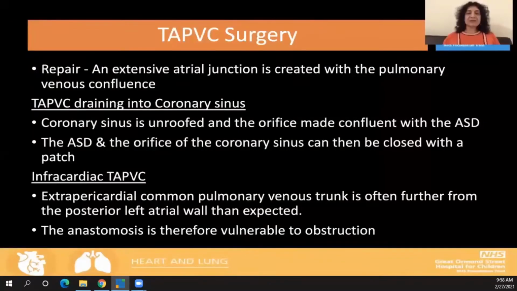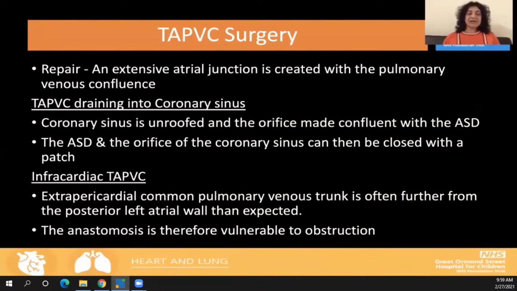A few comments on surgery. The repair involves an extensive atrial junction that is created with the pulmonary venous confluence into the left atrium. In the TAPVC that drains into the coronary sinus, the sinus is unroofed and the orifice is made confluent with the atrial communication. Then the atrial communication is closed with a patch.